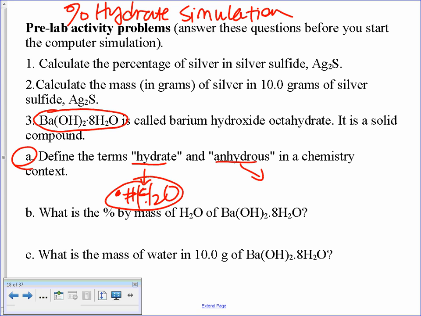What does anhydrate mean, or anhydrous? Right, because the prefix an means without. So without water. So how do you get water out of something, do you think? You heat it up, and it dehydrates, right? That's exactly what the simulation is. It's a little crystalline structure. You heat it up. You start off with one mass, but after you heat it up, the water escapes. What happens to the mass?